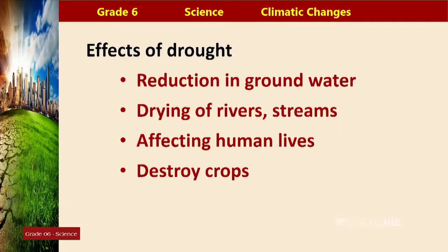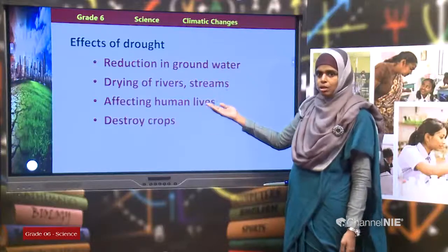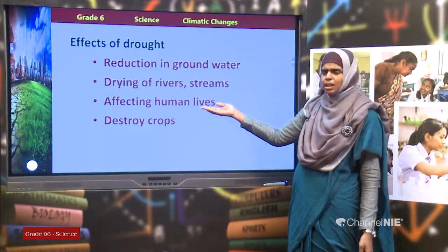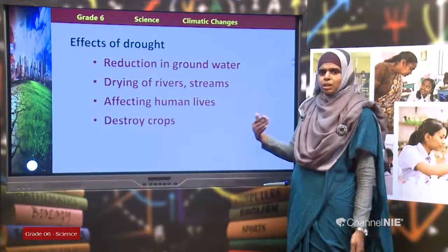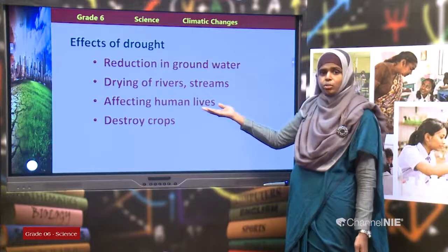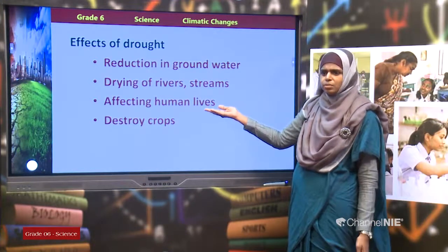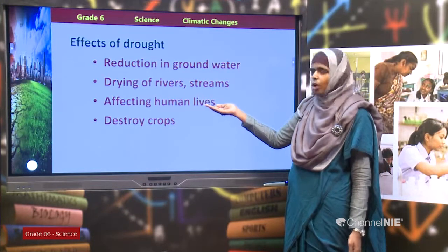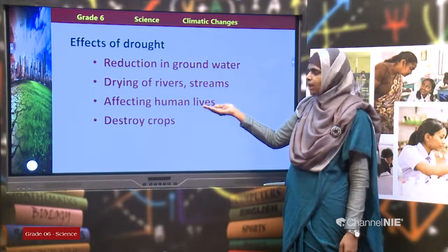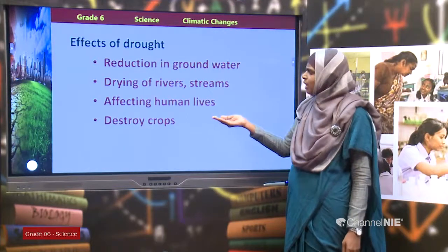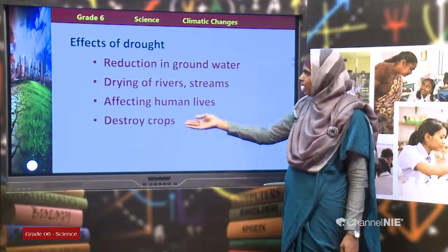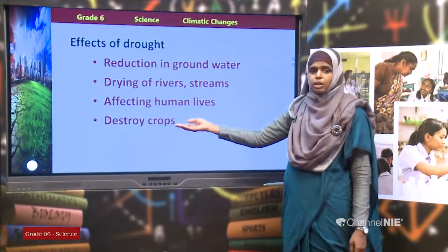People whose main livelihood is agriculture won't be able to continue their source of living. It is going to affect the amount of water available for human consumption. People will suffer, with difficulty in finding drinking water, and even the animals would die. And also it will destroy the crops.